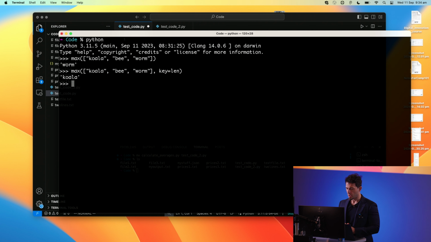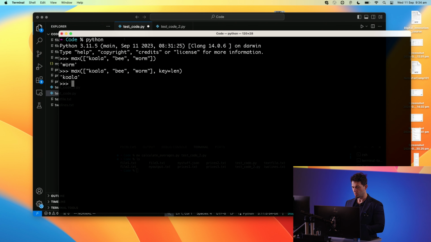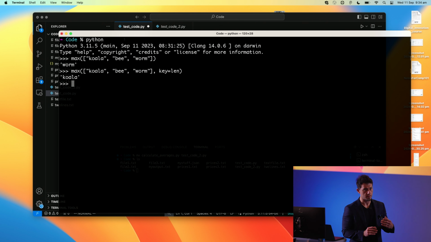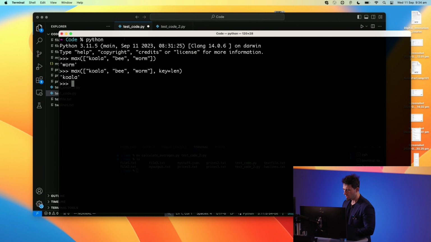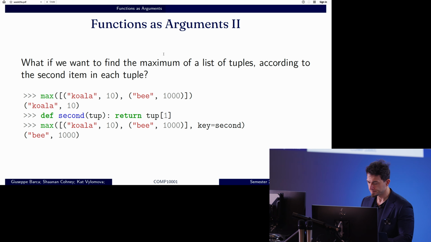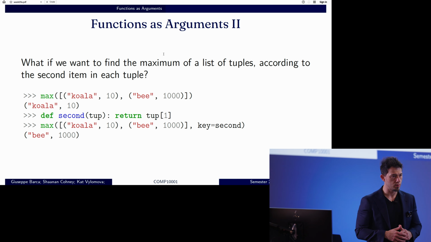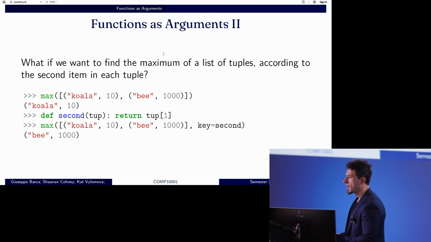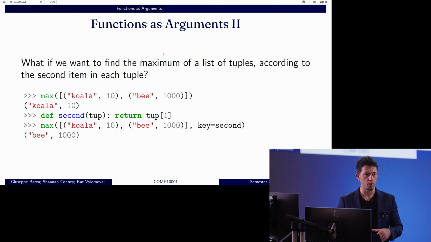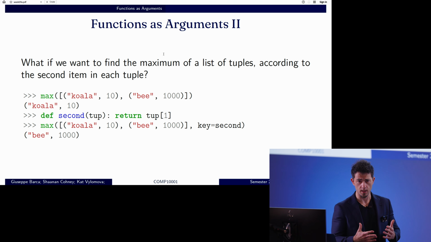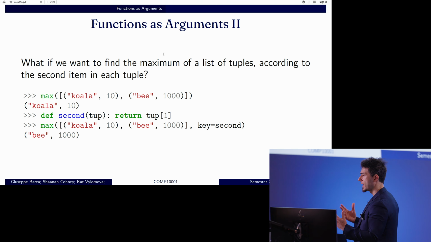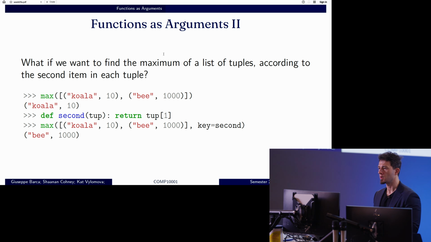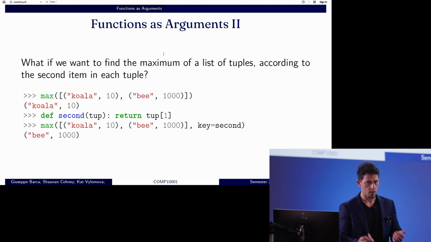Now that we have seen how to use length, let's take this a step further. Let me go back to the slide to visualize what we would like to do. So let's say that, for example, we have now a list of tuples, and each tuple has as the first element a string, which is a name, and the second is a value, which is a number, an integer associated with that particular string.